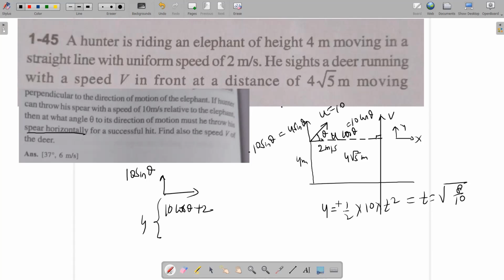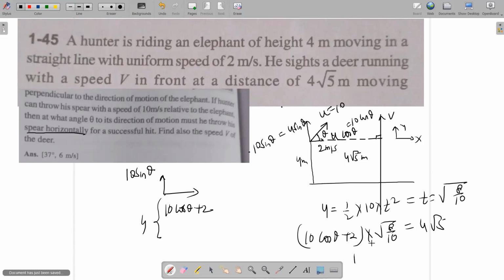Now see, in this much time only, it has to travel this horizontal displacement. So (10 cos theta plus 2) into under root 8 by 10, S equals ut, equals this 4 root 5, right?